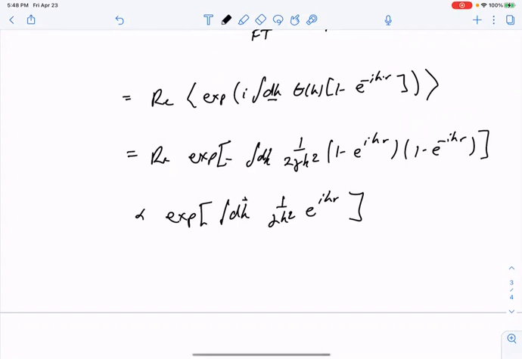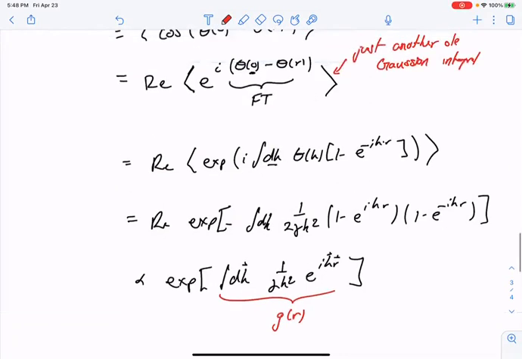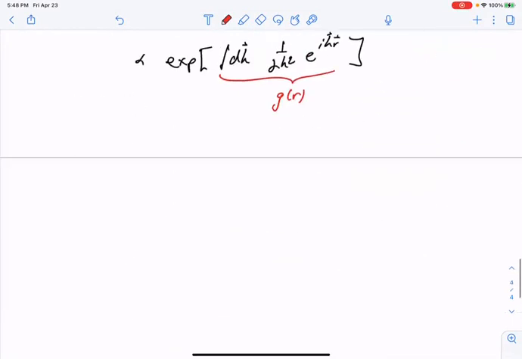Of course, these are vectors, which means that evaluating that integral is going to depend on dimensionality. Let's define this whole piece as a little g of r, not to be confused with the radial distribution function, just the argument of capital G of r. Little g of r is this.